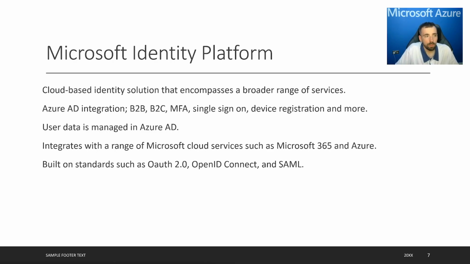Okay, so then the other distinction is the Microsoft Identity Platform. So this now is integration with the Microsoft Cloud and Azure Active Directory. So Azure Active Directory is the central identity service that is provided as part of Microsoft 365 or Office 365 or Azure. So it's a central database of users.